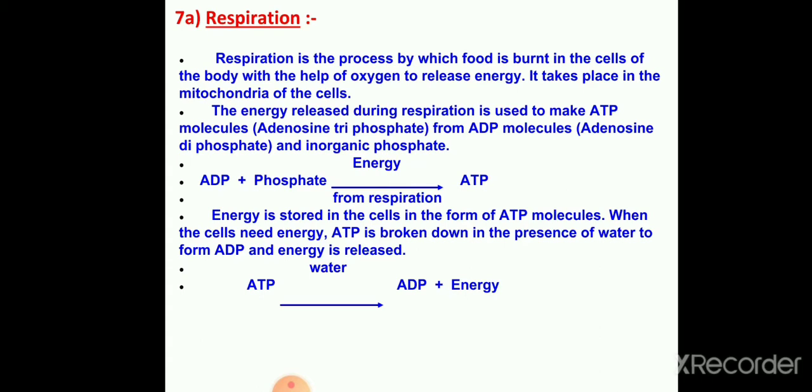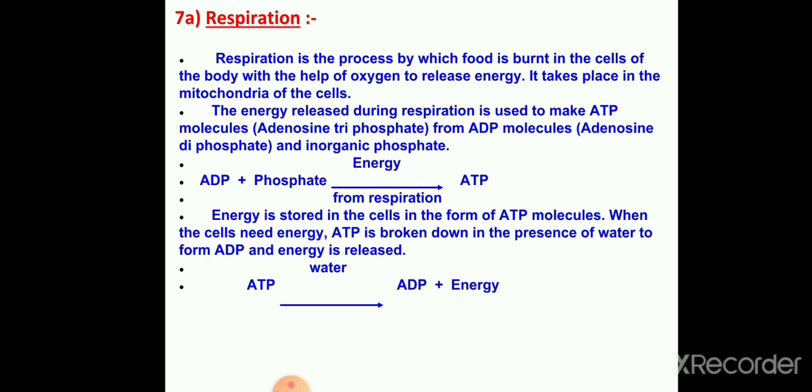The energy released during respiration is used to make ATP molecules. ATP means adenosine triphosphate, and ADP means adenosine diphosphate, where di means 2 and tri means 3 phosphate molecules.